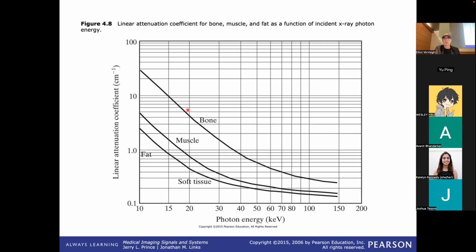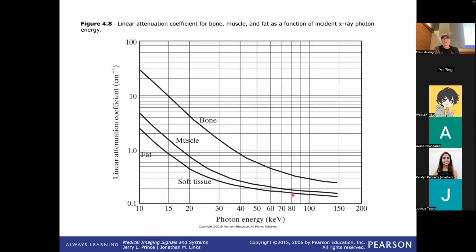So here's bone, right? Everything goes down in terms of linear attenuation coefficient as the energy goes up, but they go down at slightly different rates, right? And so contrast between bone and muscle and fat are slightly different here at 50 keV than they are over here at 80, okay?